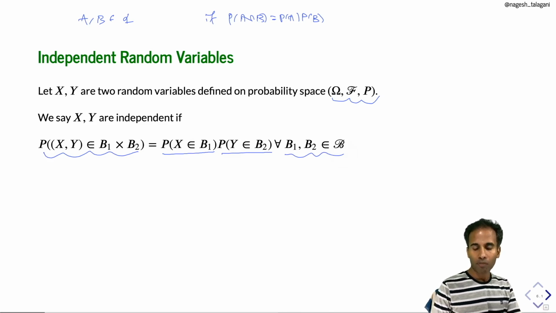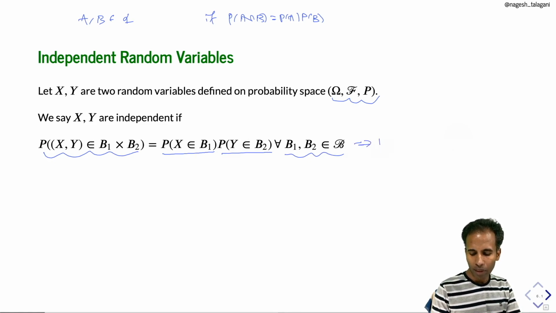If b1 and b2 are two Borel sets in R, then b1 cross b2 is going to be a Borel set in R2.